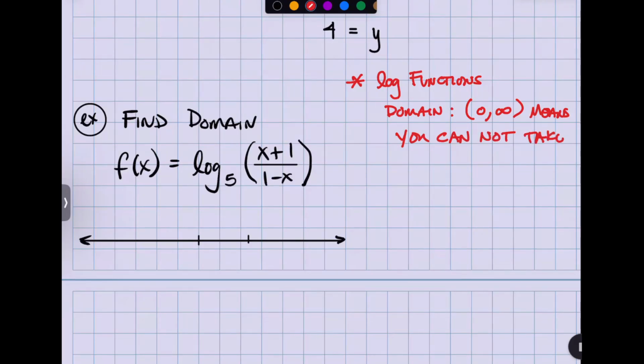You cannot take the log of 0 or negatives.